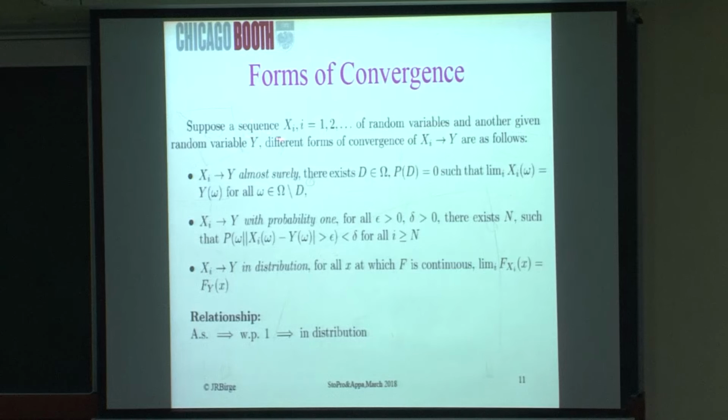So I might have a set of observations of some random variable that I don't really know very much about, and I'm trying to use that sequence to come up with what I think that true random variable might be, or what its mean might be. So we take a sequence of these random variables, and we want to see when that sequence actually converges to the random variable that we're interested in.